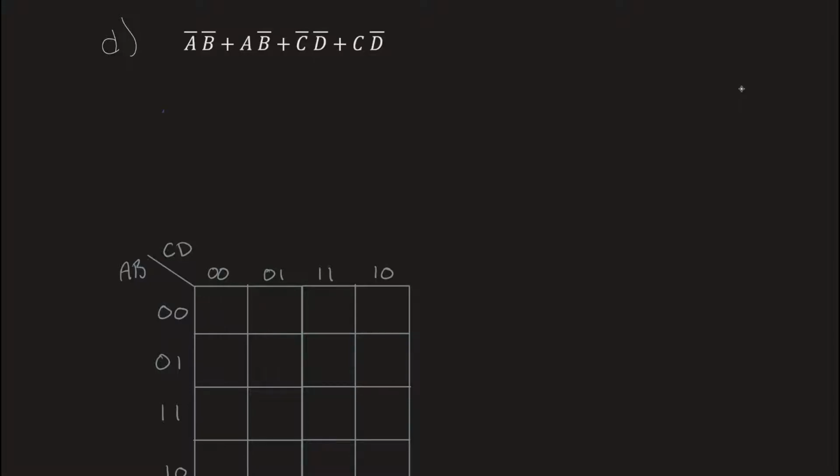We have A naught, B naught, missing C and D. We have A, B naught, missing C and D. We have C naught and D naught, missing A and B. And in the last one, we're missing A and B, and we have C and D naught.